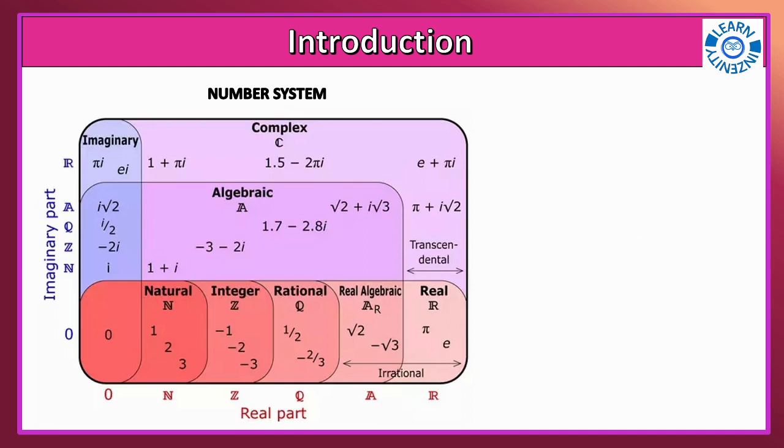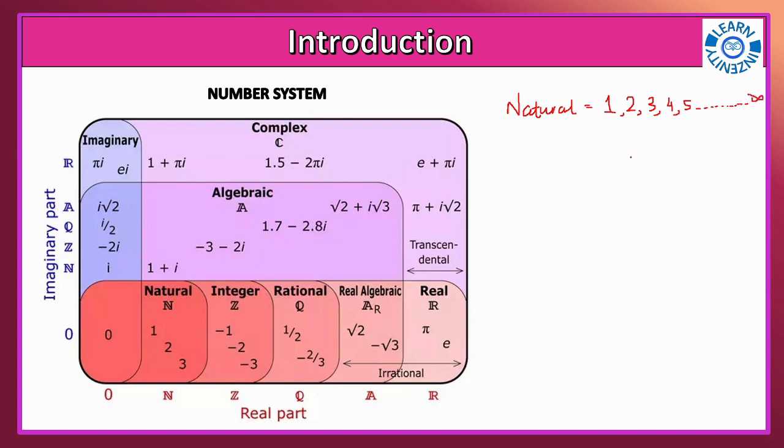I want to just tell you about these number systems. We know 0, then the natural numbers are 1, 2, 3. In the natural number system, the values start from 1: no 0, no negative value. It goes like this 1, 2, 3, 4, 5, and like this it goes to infinity.